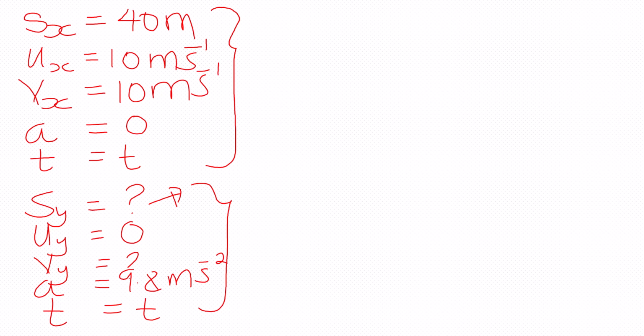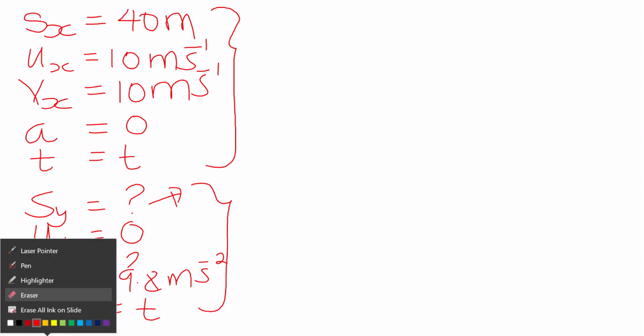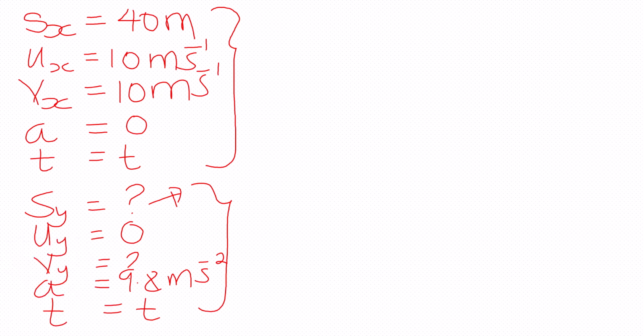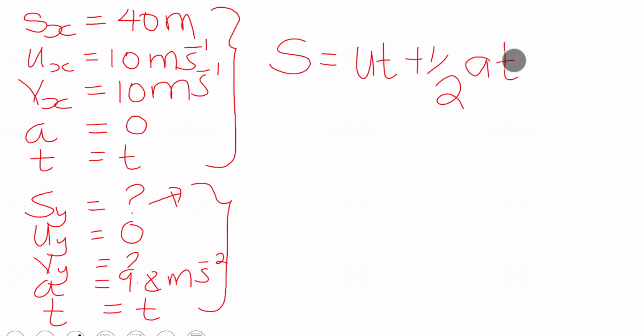So we pick the equation that has what we want, and in this case, if I use the second equation of motion, because I have time t as 4, I have my acceleration as 9.8, and I'm looking for displacement and I have u as 0, this can give me the displacement using s is equal to ut plus a half a t squared, and we are considering vertical motion downwards.